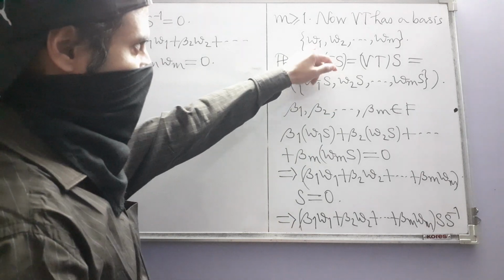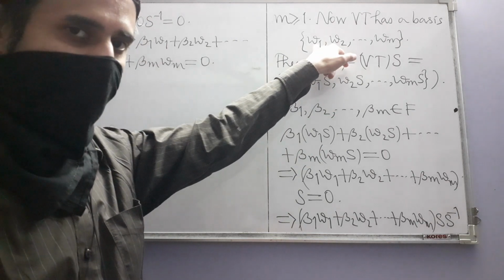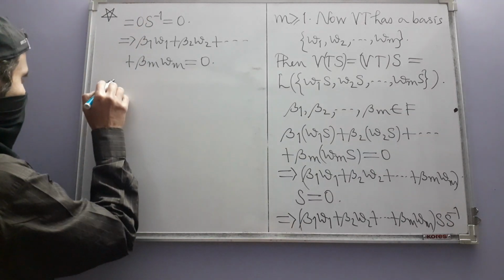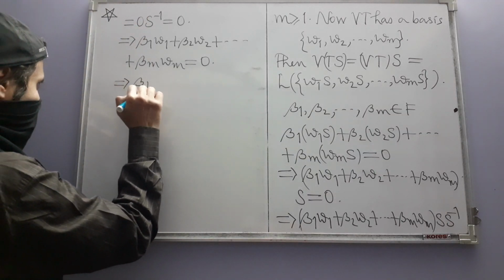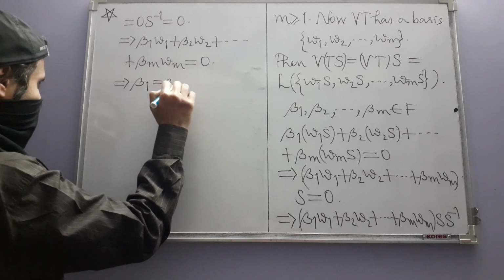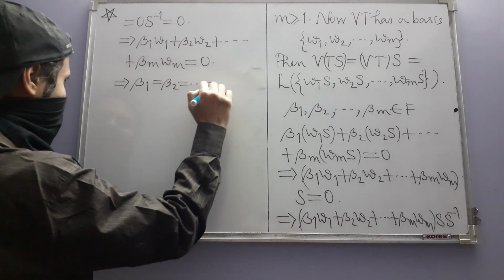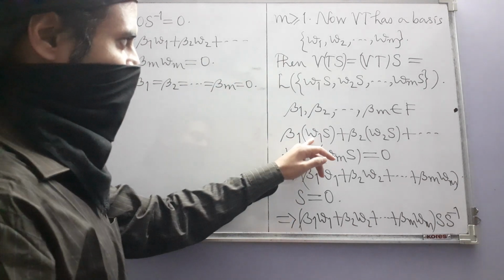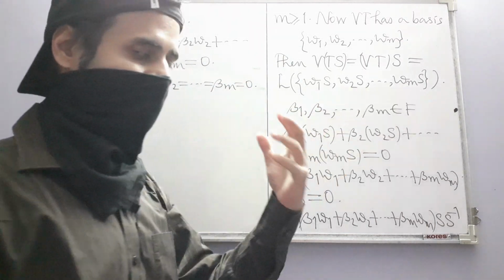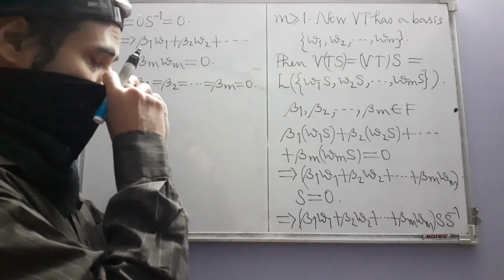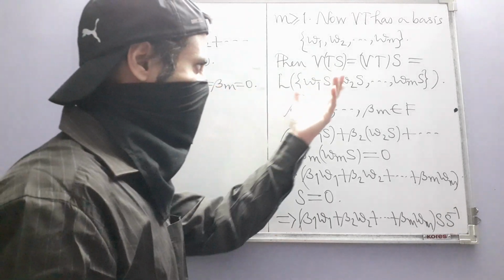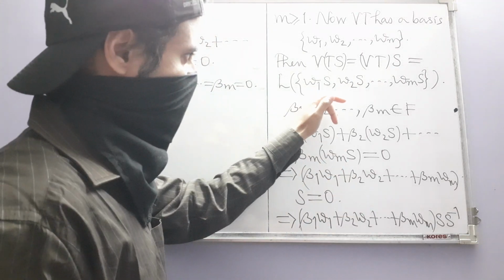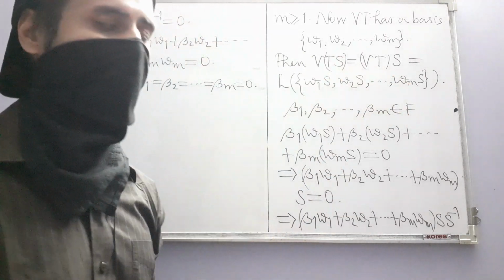However, this is a basis, so the W's are already linearly independent, and that's why all the betas must be 0. But then we have proved that these vectors are also linearly independent. So this time you are looking at not just a spanning set, but in fact a basis for VTS.